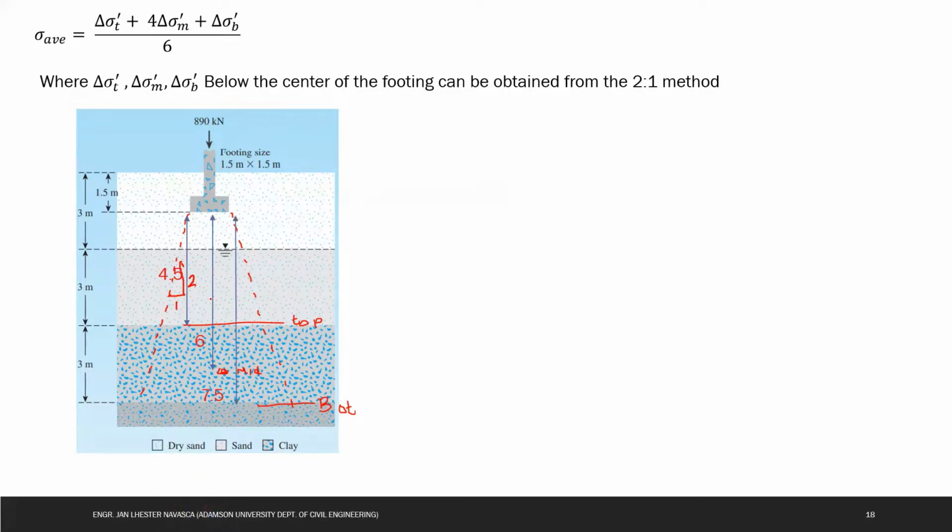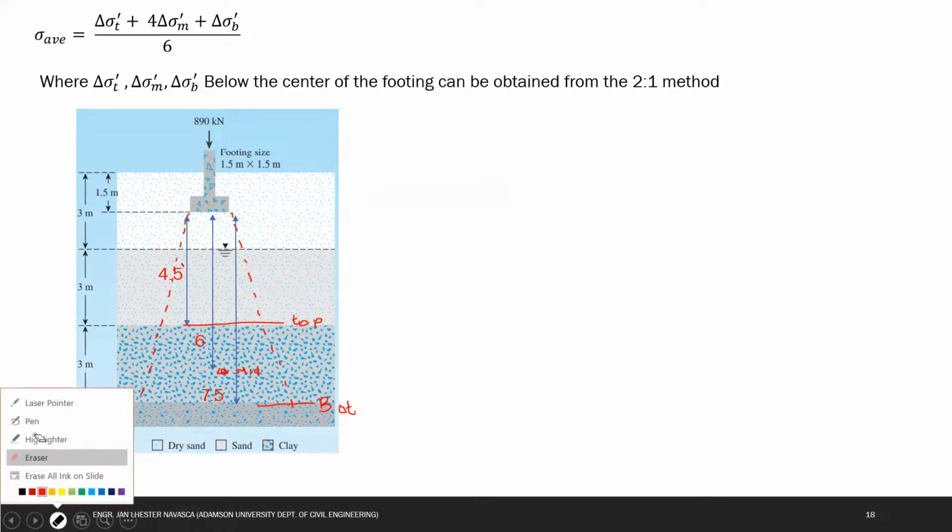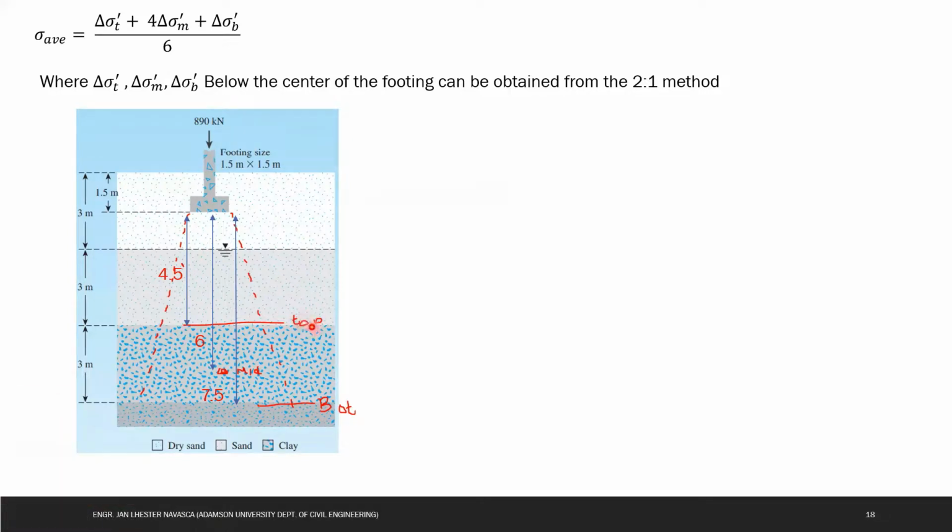So we need to establish the lengths or the depth at each location. From the top of the clay layer, that is 4.5 meters from the bottom of the footing. From the middle of the clay layer, that is 6 meters from the bottom of the footing, and the bottom part of the clay layer, that is 7.5 meters from the bottom of the footing.